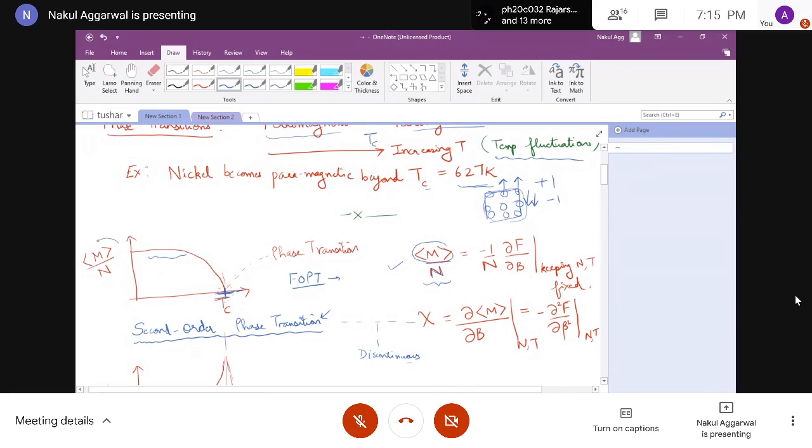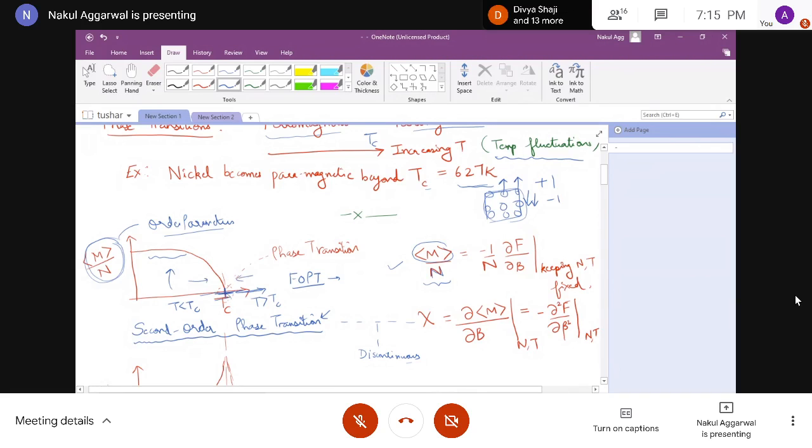This is called an order parameter, because order parameters are usually studied in phase transitions or where there is symmetry breaking. For T less than Tc, it has some non-zero value, and for T greater than Tc, its value goes to zero. Studying these order parameters helps us realize where phase transitions are happening.